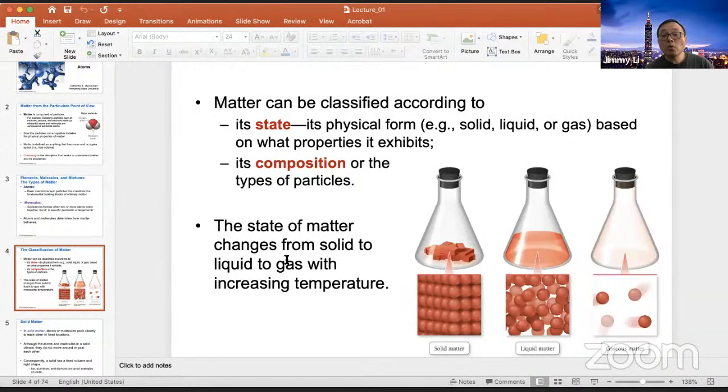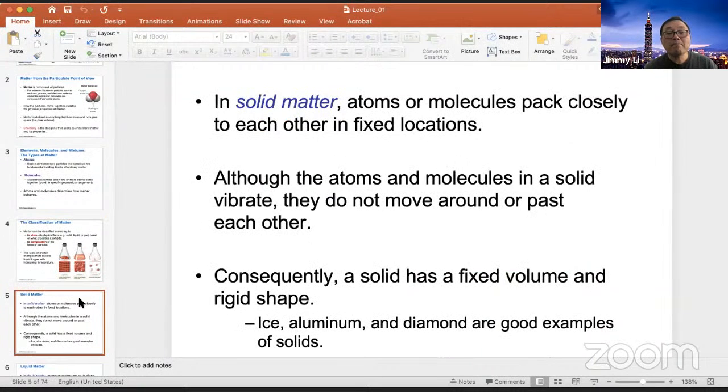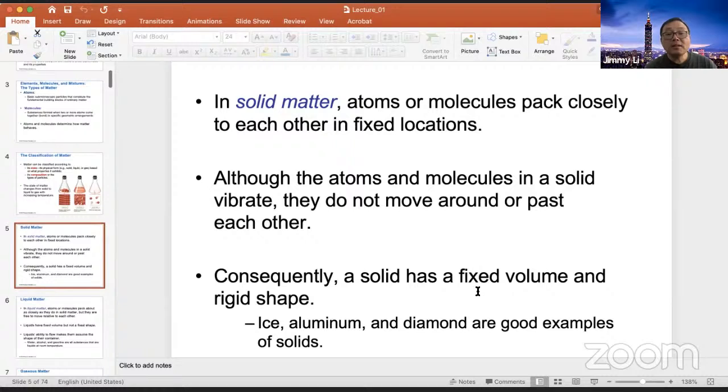And we know there are three different states of matter: solid, liquid, and gas. I'm not going to repeat that; I think you know solid, liquid, gas really well. Solids are closely packed, with a fixed volume and a very rigid shape.